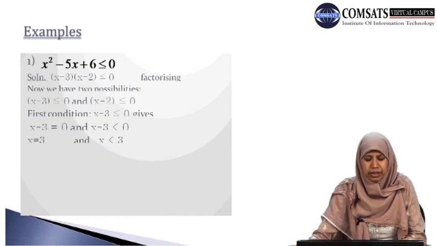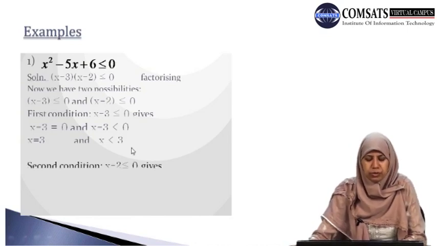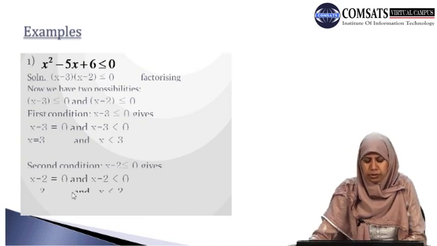Now we look at our second condition, x minus 2 is less than or equal to 0, which gives us further that x minus 2 is equal to 0 or x minus 2 is less than 0, and after simplification we obtain that x is equal to 2 or x is less than 2.